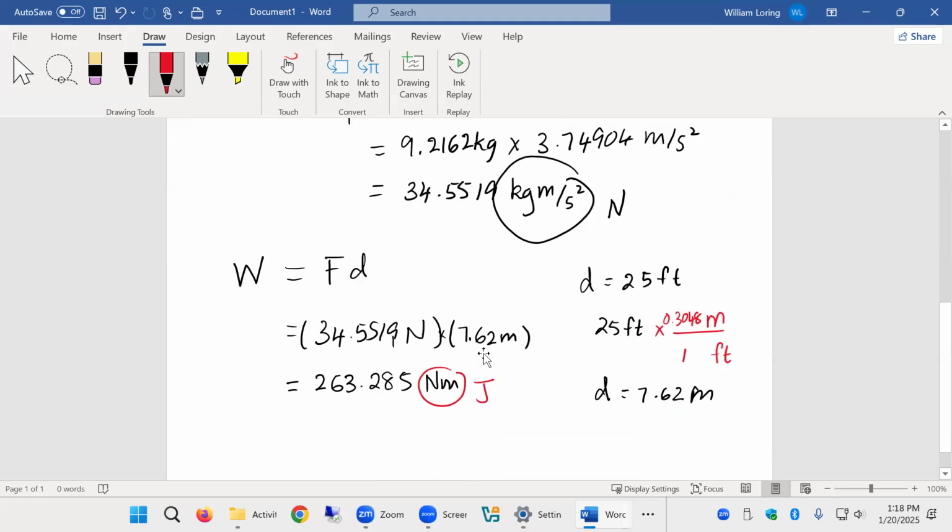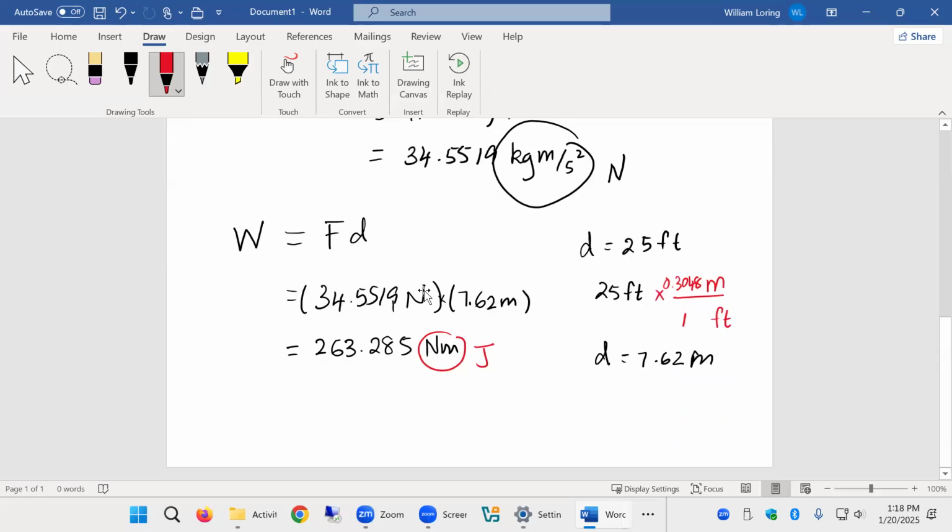What if you knew the work done, you knew it went over 25 feet, how would I calculate the force? I know the work done is 263.25 to push something over a distance of 25. So how much force did I apply? How do I calculate that? Work done divided by the distance.